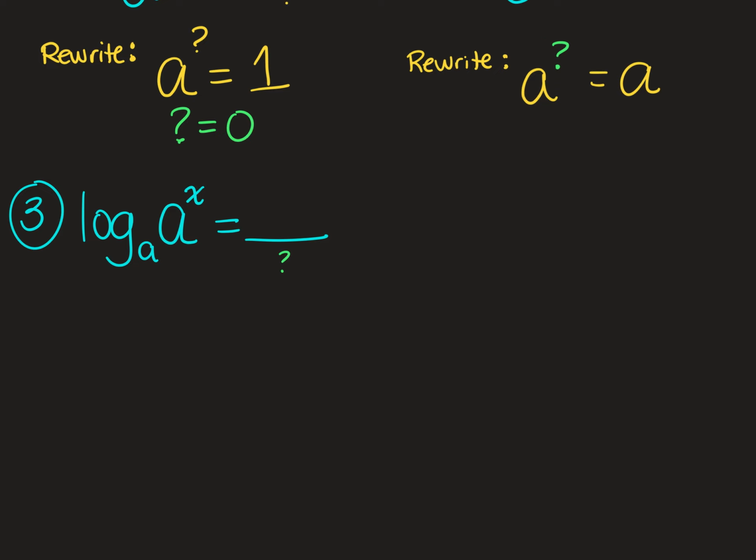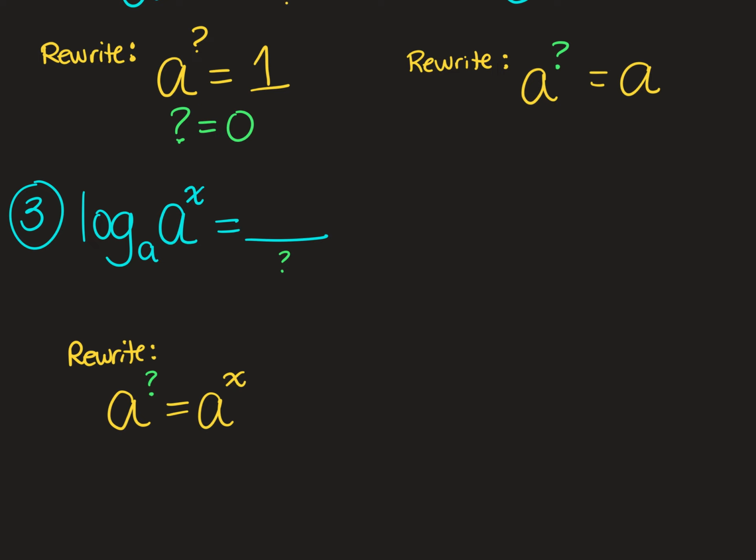So if I rewrite this, I would have my base of a, and my logarithm equals something, that's my question mark. It's equal to the exponent, and a to that exponent will be equal to a to the x.